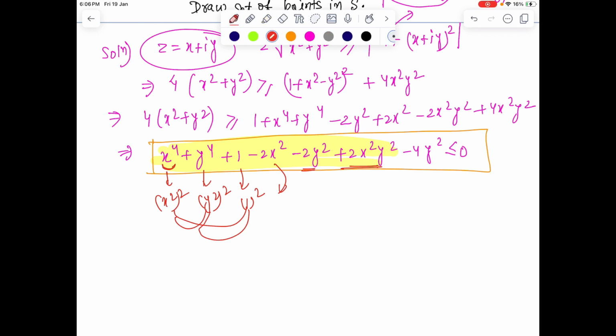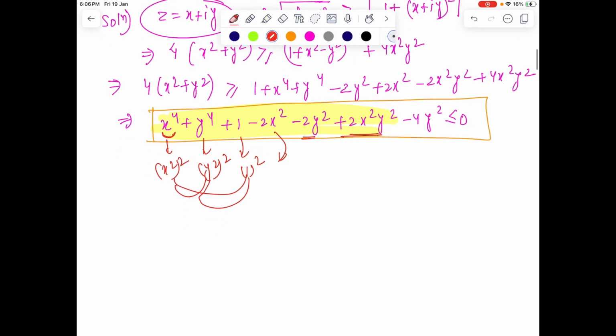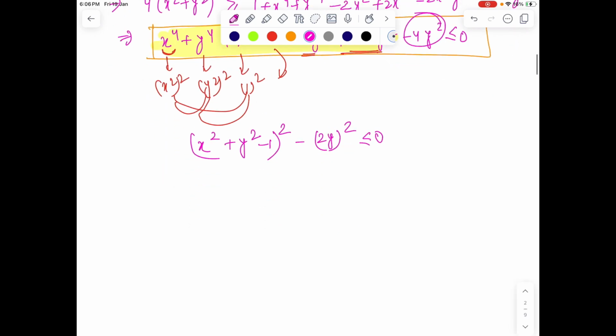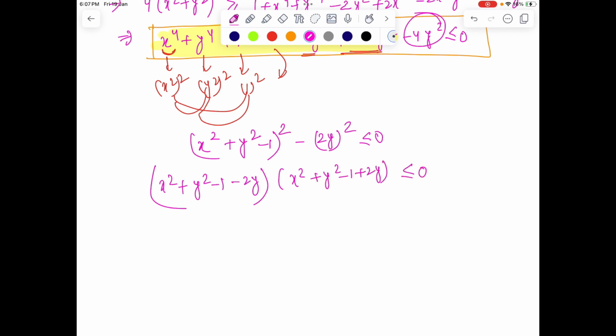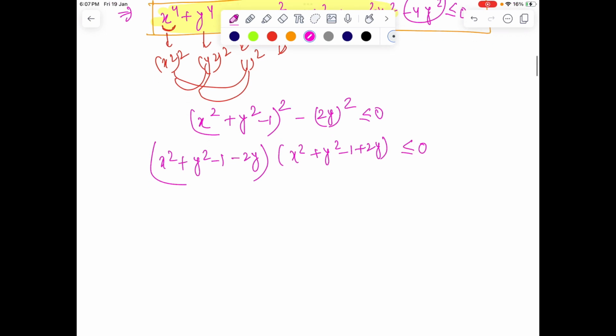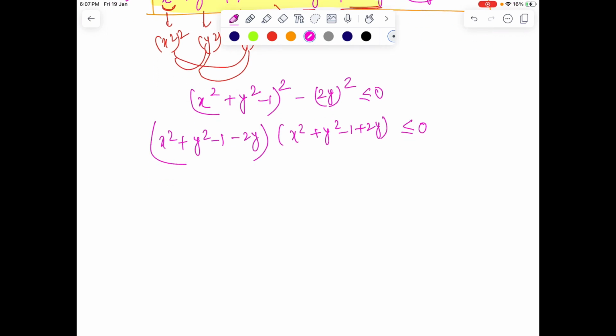So from x to the 4 till this term it's (a plus b plus c) whole square, right? So this entire term I can club, and simply write it as (x square plus y square minus 1) whole square, and the other term is nothing but minus (2y) whole square, less than or equal to 0. That's good news, because now we can use a plus b, a minus b. So this is (x square plus y square minus 1 minus 2y) into (x square plus y square minus 1 plus 2y) is less than or equal to 0.